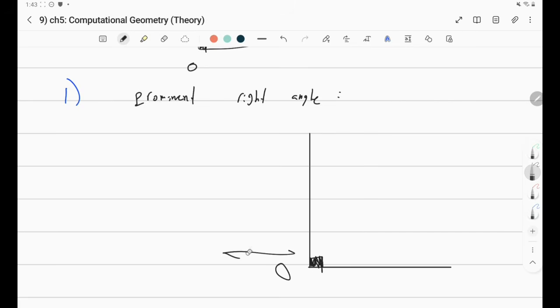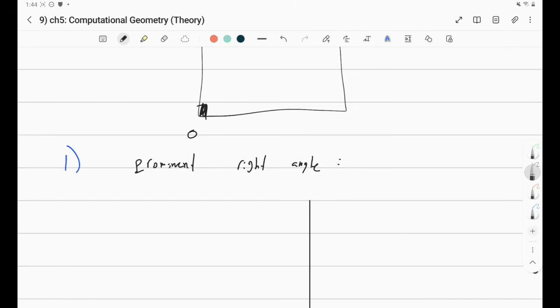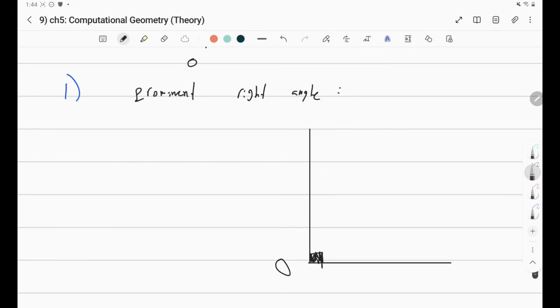Not all right angles are clean, but sometimes yes, especially when you have a rectangle, a square, something like that. You can always try to take this as your center and find everything else using it. So that's the first scenario, when you have a prominent right angle.